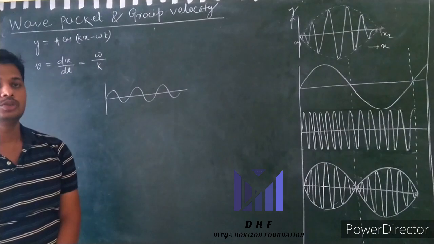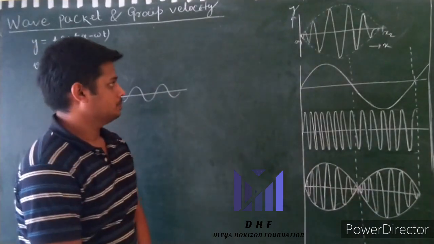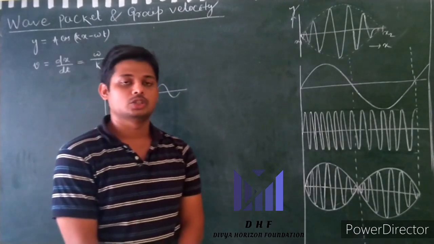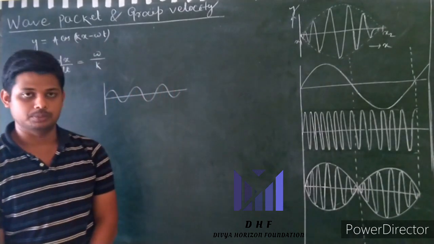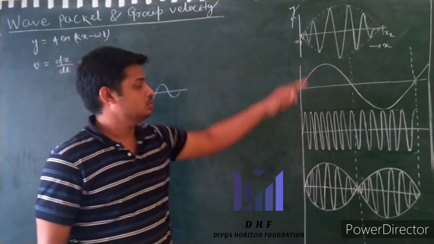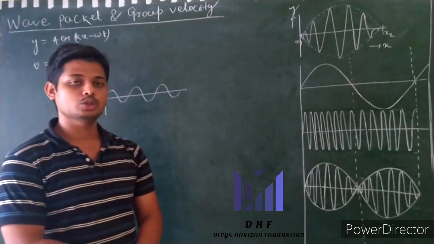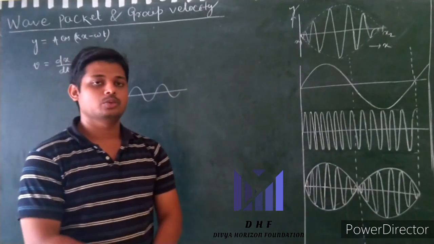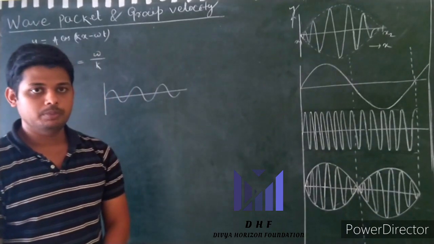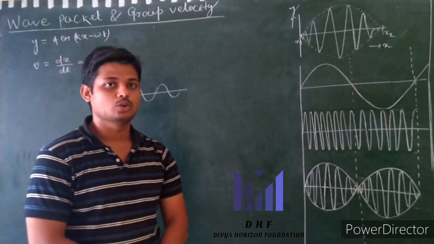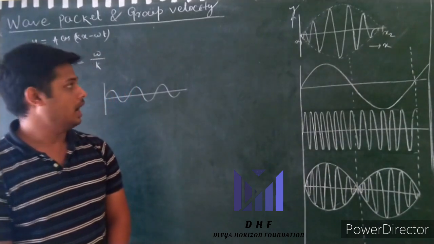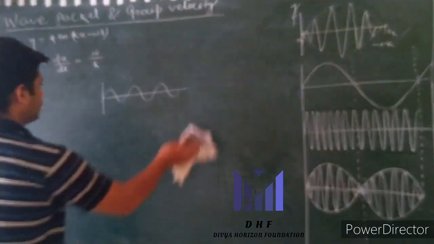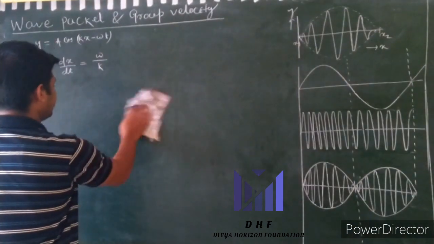As time passes, the constituent sinusoidal waves which construct this wave packet also move some distances. Every monochromatic wave moves different distances with different velocities. The velocity of a monochromatic wave is given by omega by k.